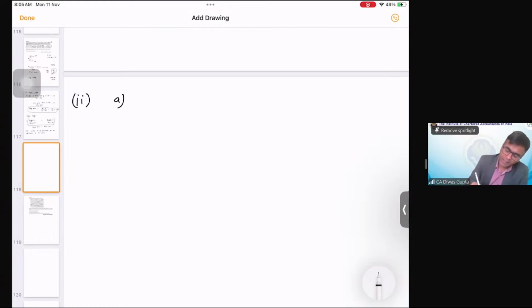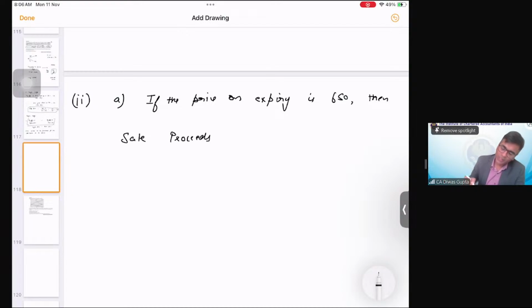Okay, so A part, if the price on expiry is 650, then two things will happen, right?